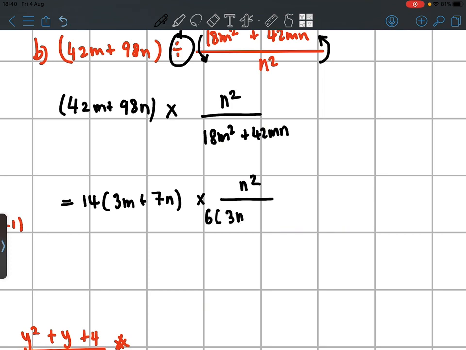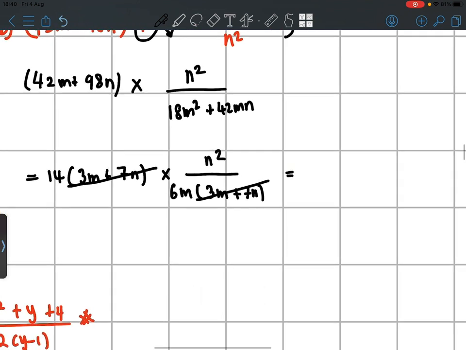So 3m square, so we need to take out the m also. So 6m, this is 3m plus 7n. Yeah. Then we can cancel this out. After cancelling, we just multiply like the normal procedure. So 14 multiply with the n square divided by 6m. So this is the one which is left.